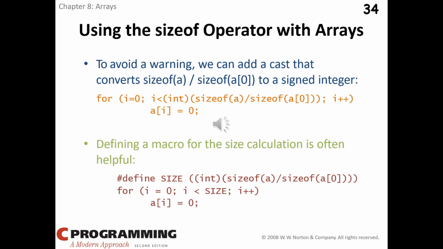Another trick is defining a macro. So we define a macro called SIZE that calculates the size of our array, and then we can use the code in purple in our loop. And just like that, by adding a cast or using a macro, we can avoid warning messages and make sure our code runs smoothly.